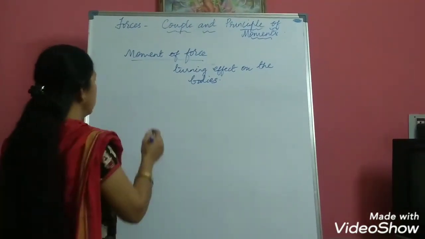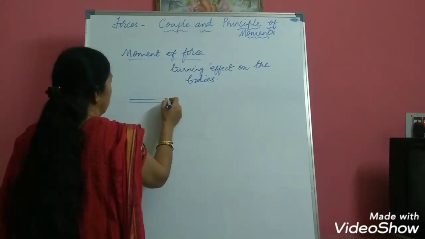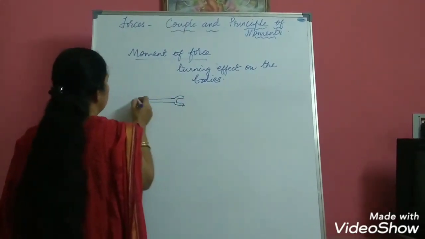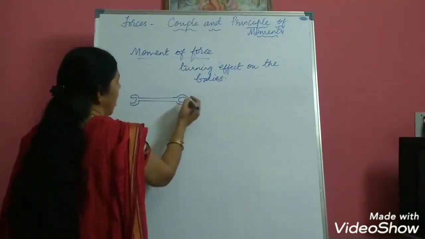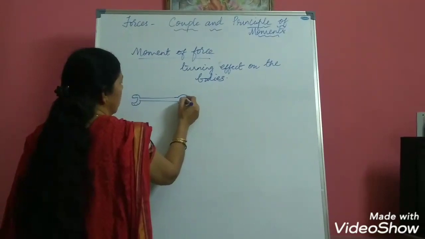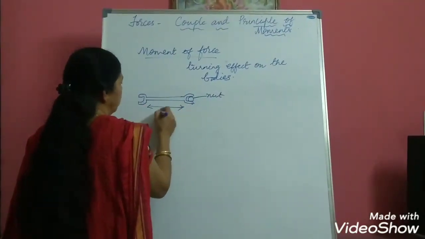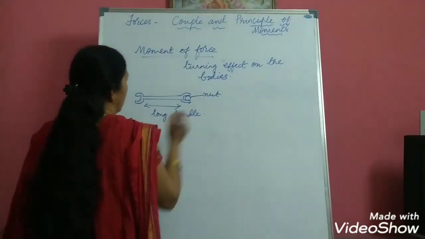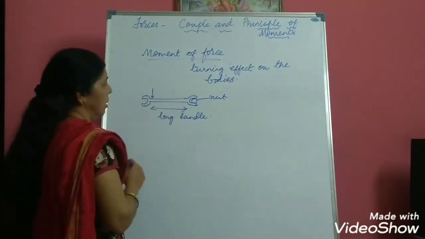One such example is, if you want to tighten a nut, then you have to use a spanner, and we have observed that the spanner has a very long handle and the force is applied at one end of the spanner.